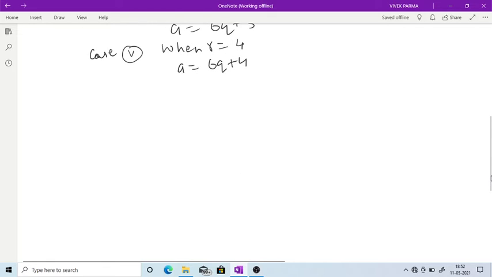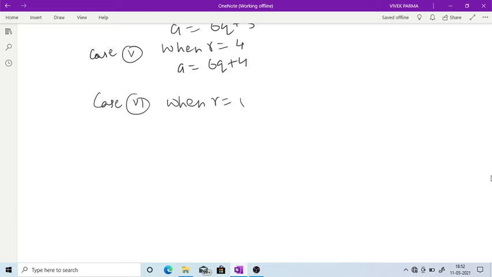For case 6, when remainder equals 5, we have a equals 6q plus 5.